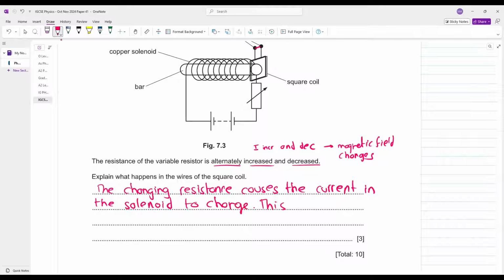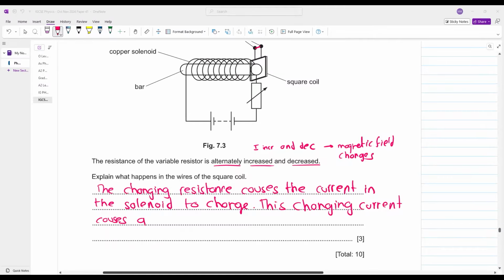This changing current causes a changing magnetic field.